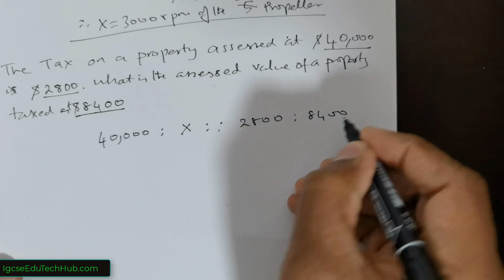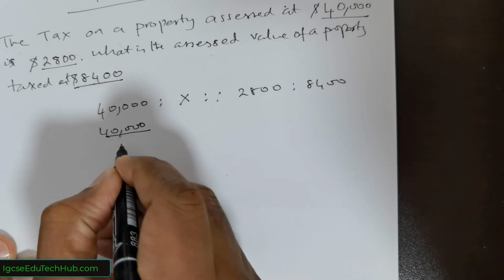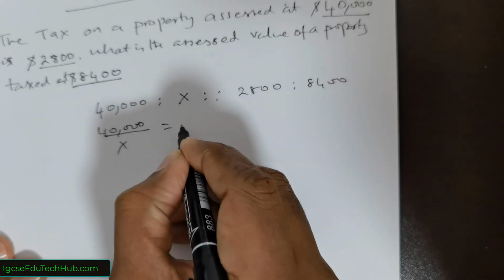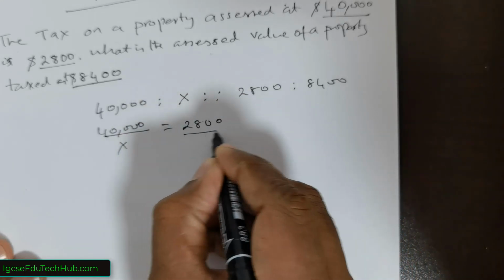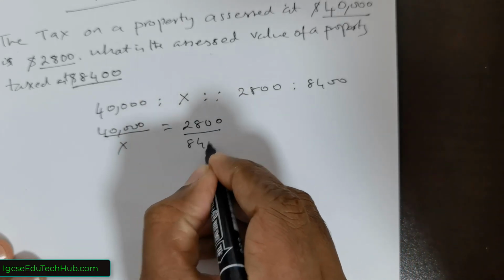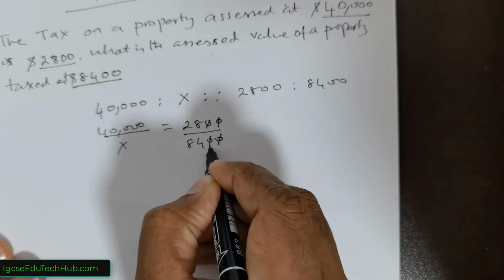So if I were to set up the equation, this is going to be 40,000 divided by X is equal to 2800 divided by 8400. Now clearly I have the zeros cancelled out.